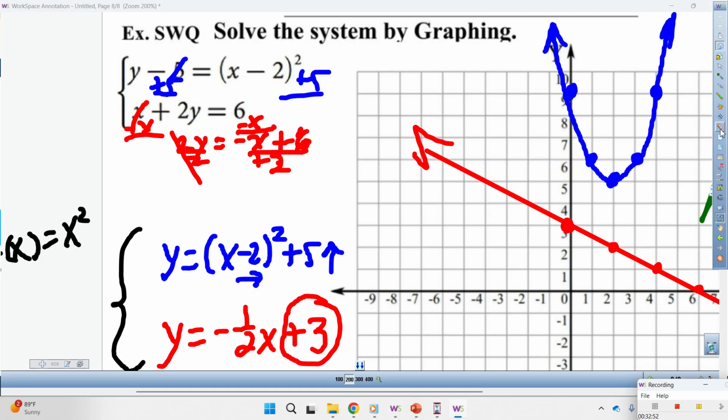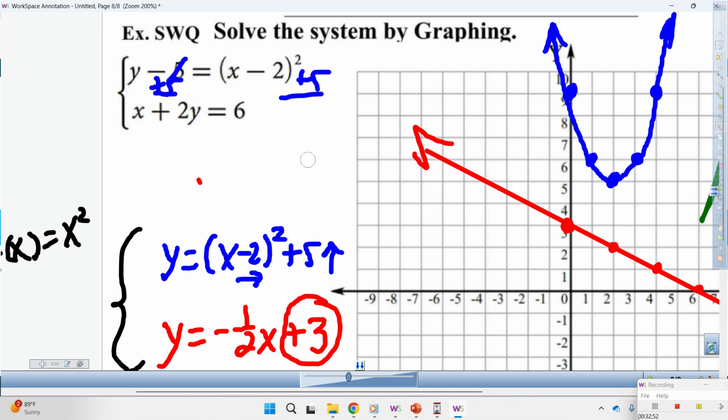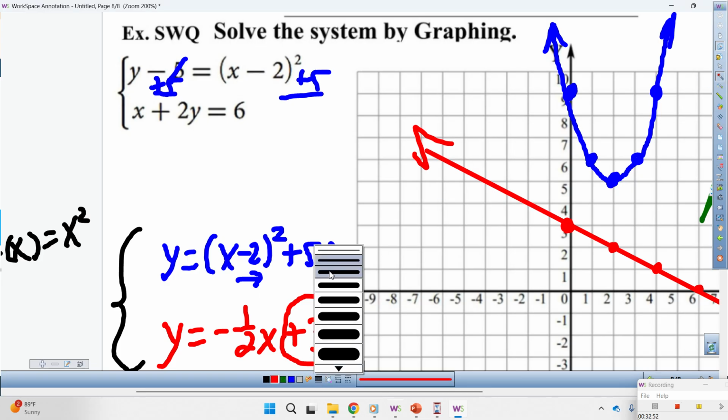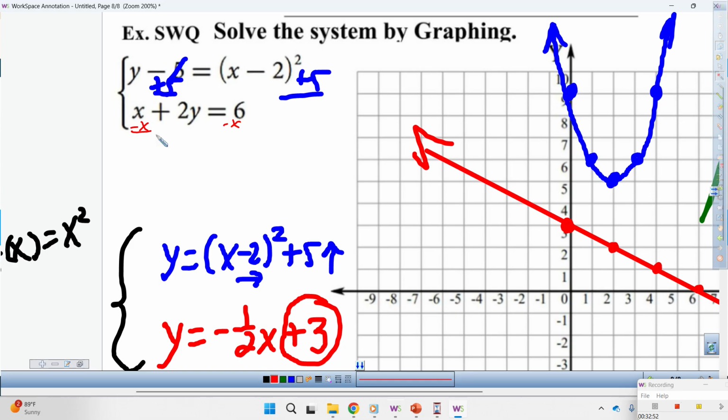All right, so one of your colleagues asked me to go over this because it was too sloppy, but she was being nice. She just said, can you go over it again, Mr. Q? I'm all, sure. I got you. Here it goes. I need to leave y by itself, so I subtract x. So I end up with 2y equals negative x plus 6.